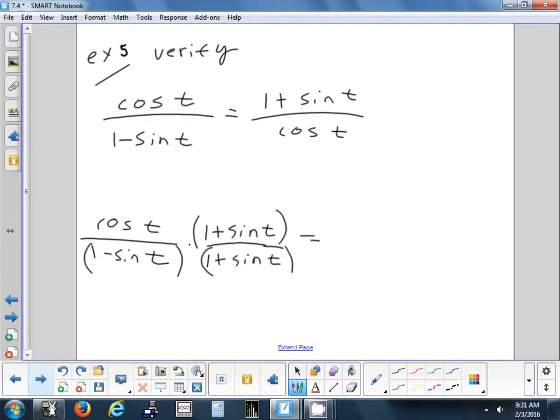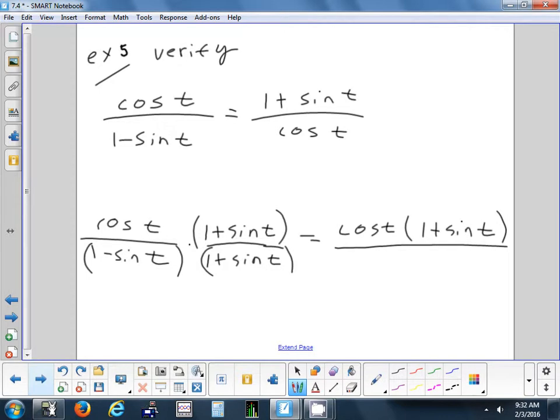So I'm hoping that cosine just disappears somehow. If it does, then I'll be left with what I want in the top. So don't distribute this out, because we're going to hope cosine just goes away somehow. We'll go through the problem and see what happens. So I'm just going to leave it as cosine times 1 plus sine.